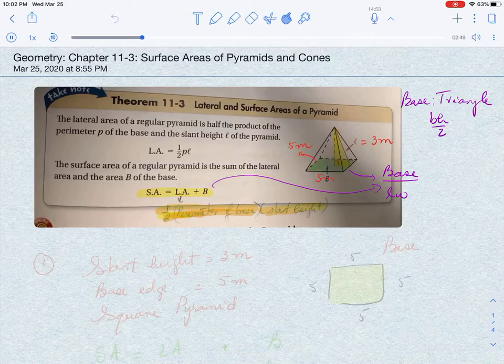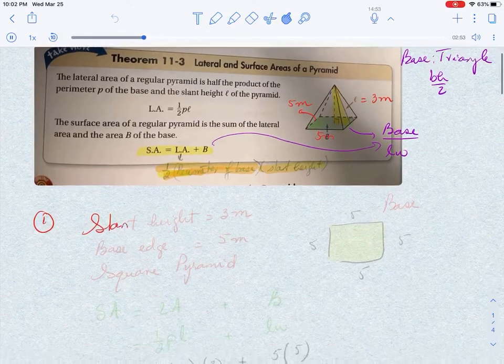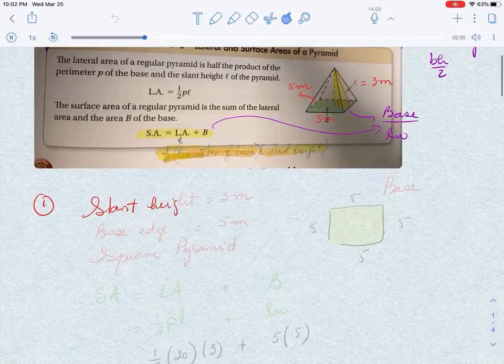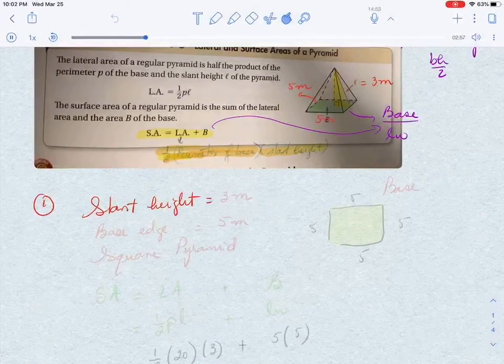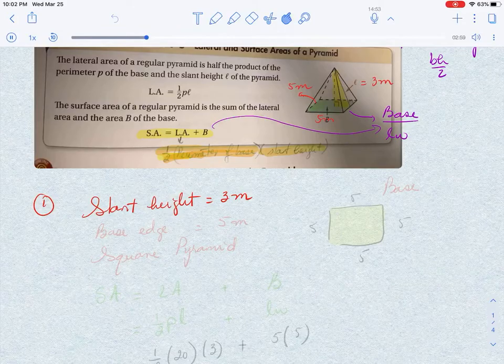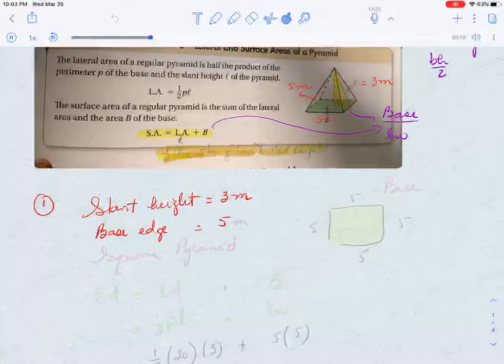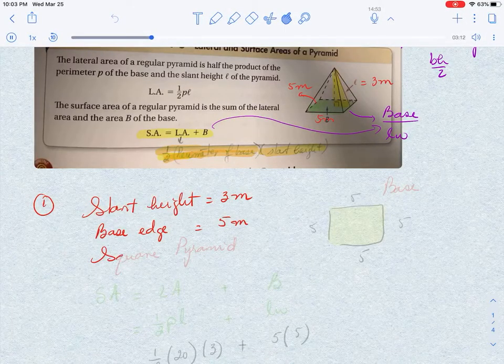So number 1, the slant height in this case is given to me, so it's 3 meters. And then one of the base edges, or one of the lengths, is 5 meters. I know it is a square pyramid, so I know the length and the width of the base.